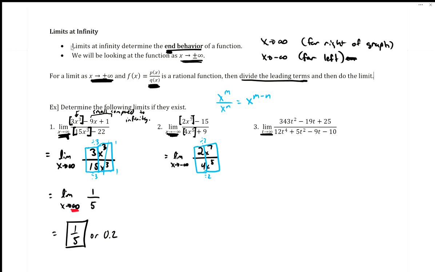So this becomes the limit as x goes to negative infinity. We divided by 2, we have 1, and then it becomes x squared. And 4 divided by 2 is 2. So it's 1/2 x squared that's left over. Now we would try to plug in the negative infinity.